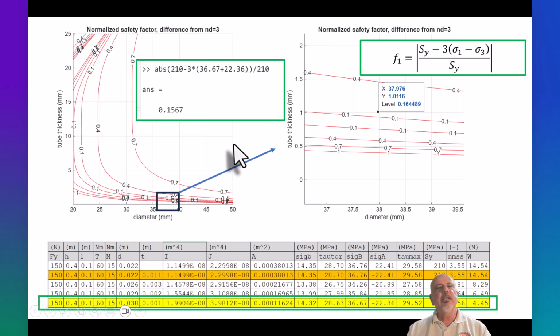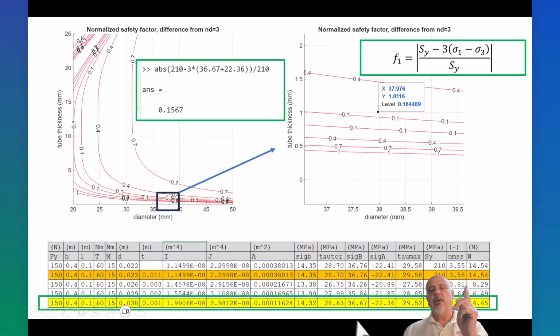Okay, so the first thing that I did was F1. I just wanted to plot what F1 looked like, and I got over here and expanded it. I just wanted to make sure that this made sense, right? So I did the SY minus 3 times sigma 1 minus sigma 3, so that's sigma B, sigma A. I'm looking at this green rectangle here.